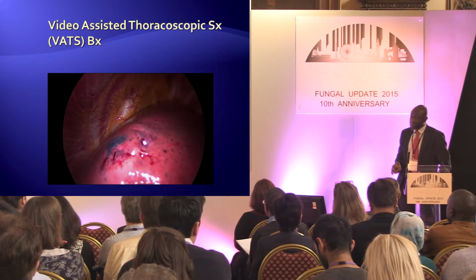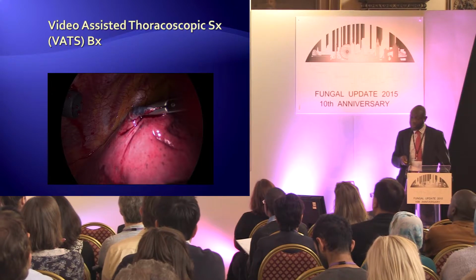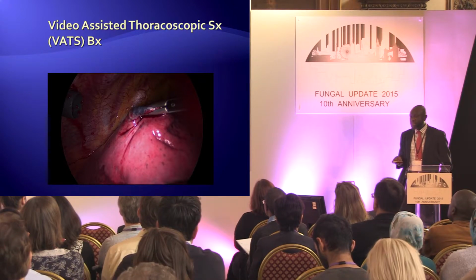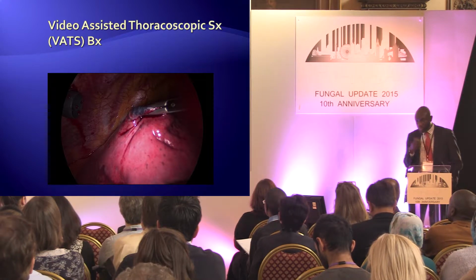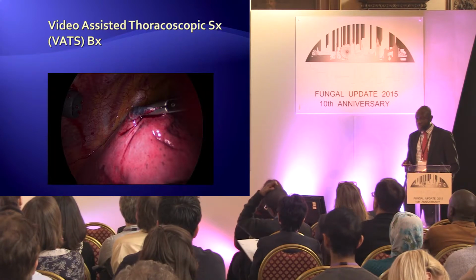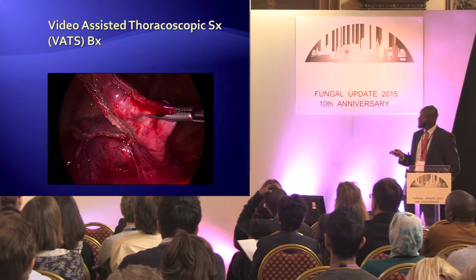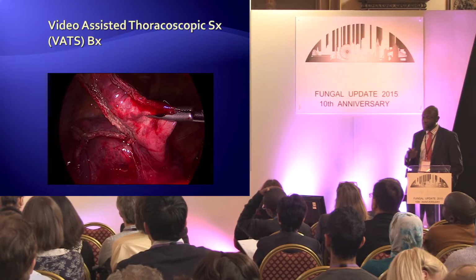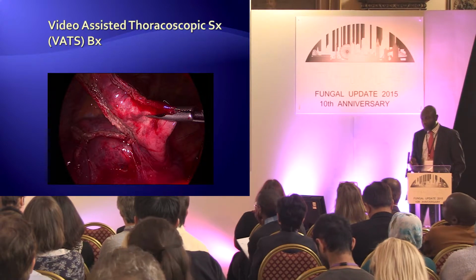One of the things we looked at was whether marking this with methylene blue would help you get to the nodules in question using video-assisted thoracoscopic surgical approaches, which is minimally invasive. I think it's a useful approach, but you still end up with significant non-specific inflammatory signs, which may not necessarily help you rule out a fungal infection per se.